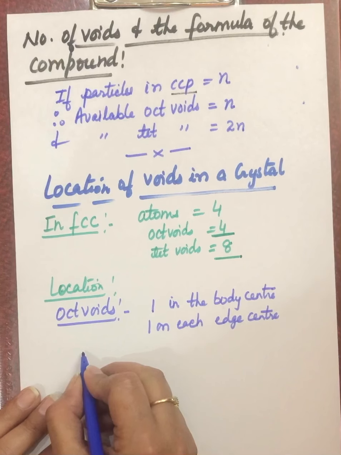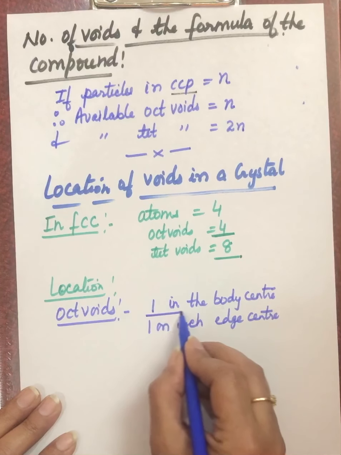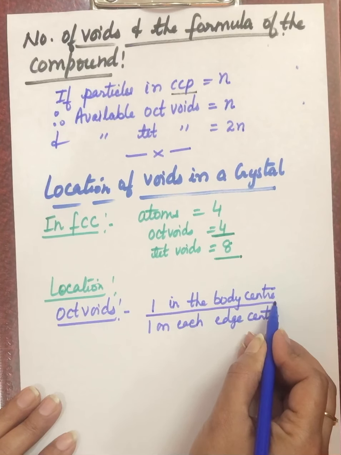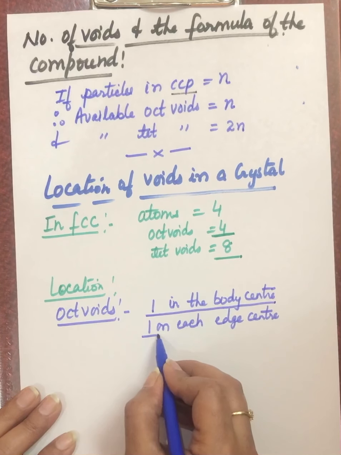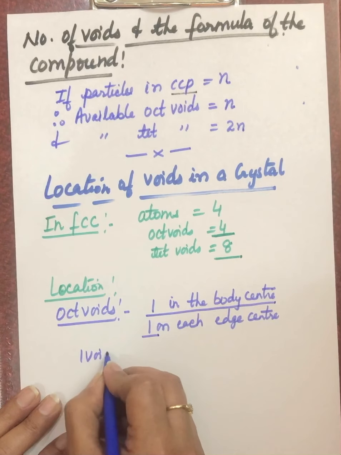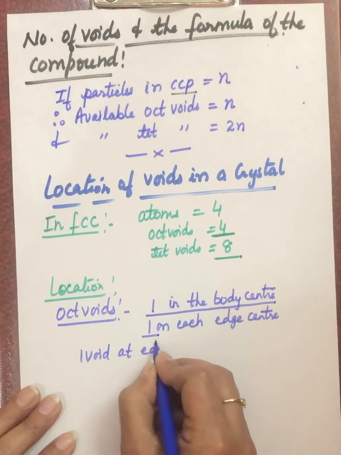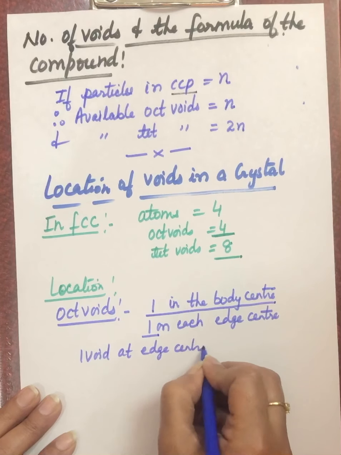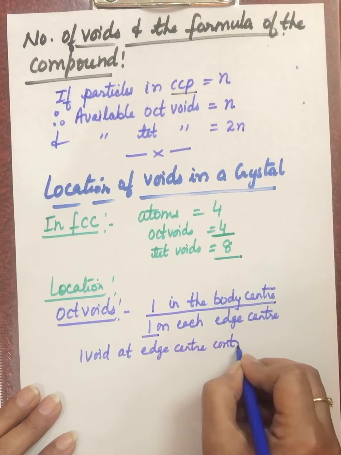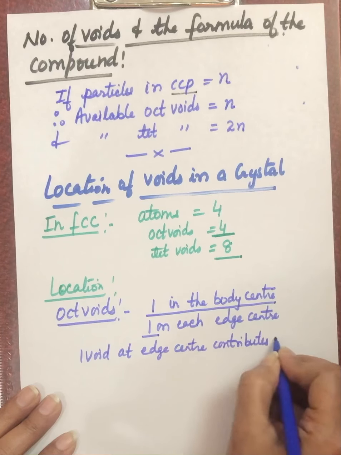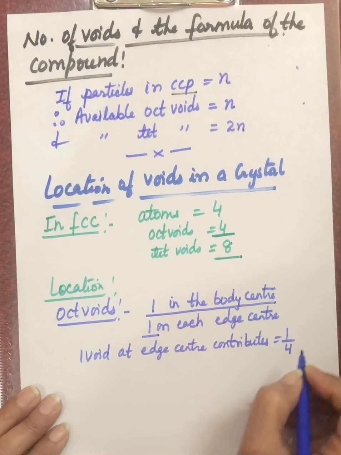But their contribution now. The one that is at the body center of the unit cell will contribute completely to that unit cell. But each void at an edge center, like the particles at edge center, contributes how much to that unit cell? It's 1/4 part only.